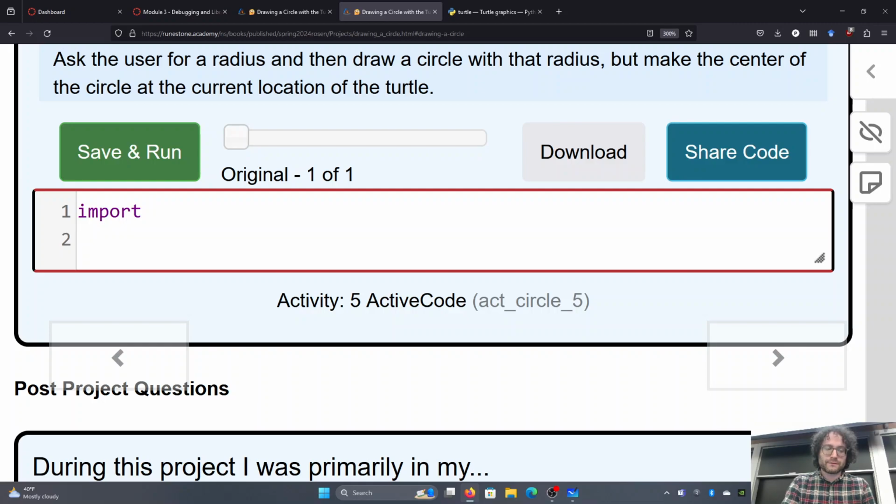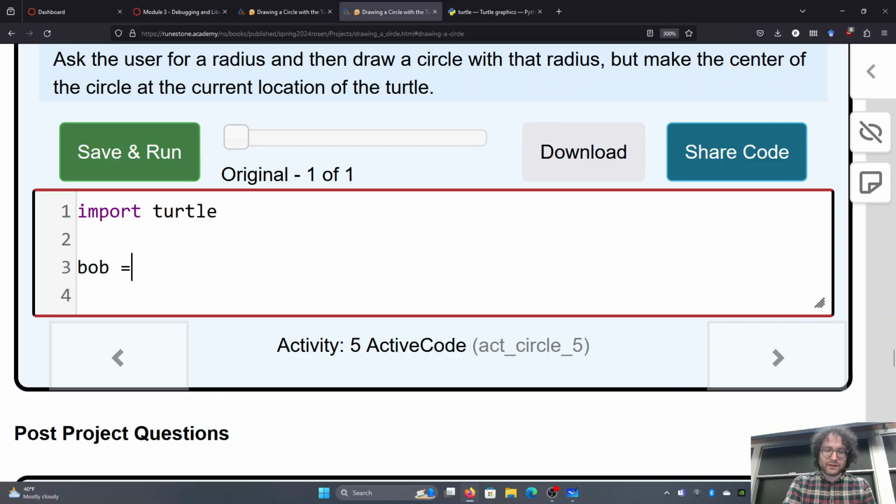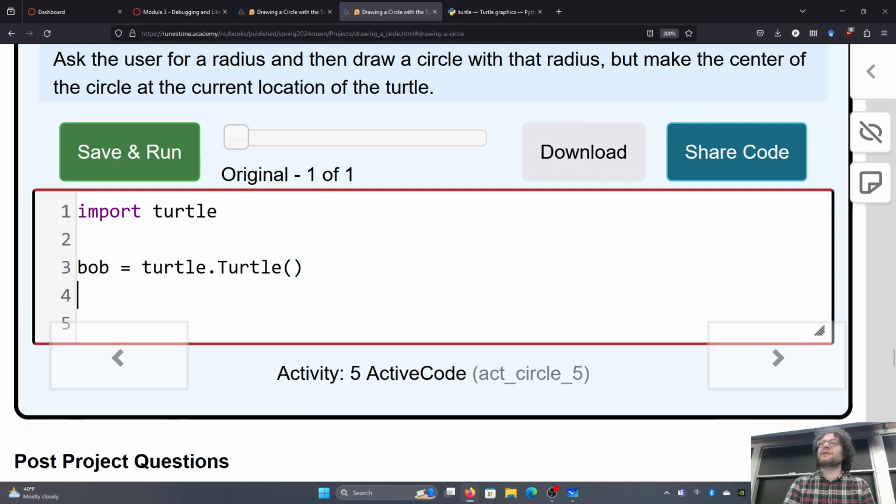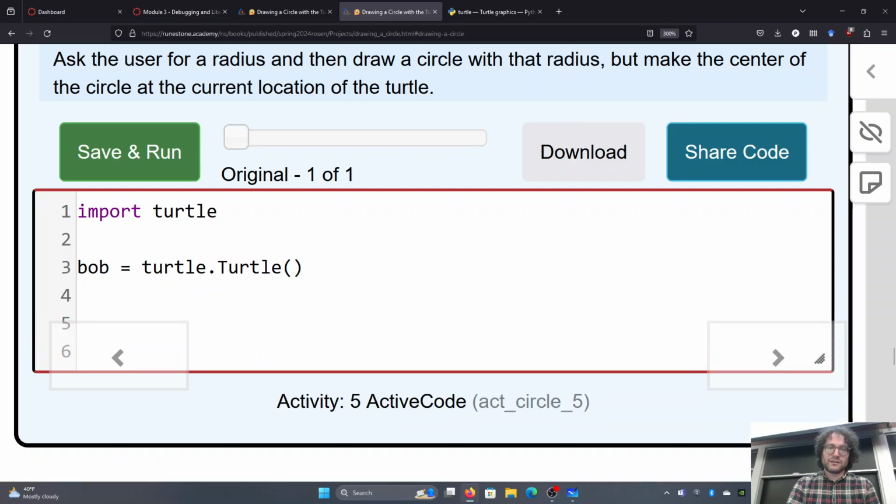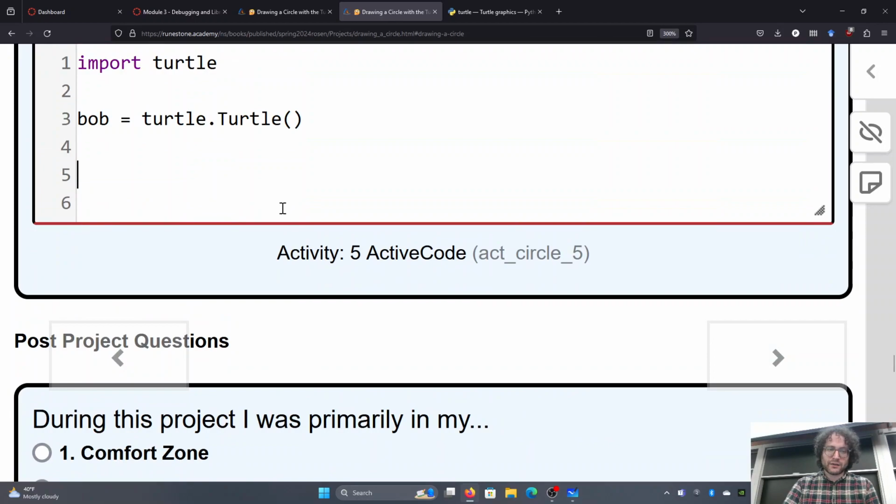So import turtle, Bob is equal to turtle.turtle, because you're probably going to want to use this when you're doing the Olympic rings. Let's say Bob dot circle, and first off we'll start with 100.